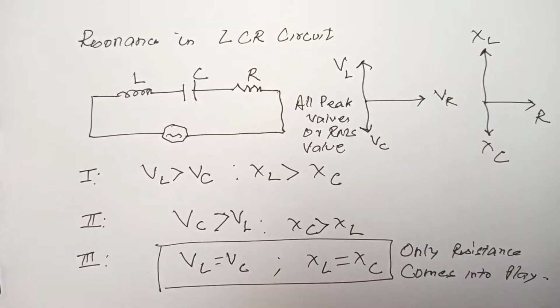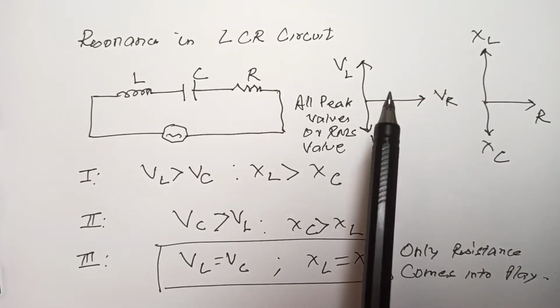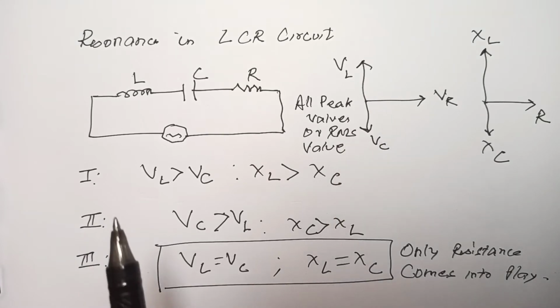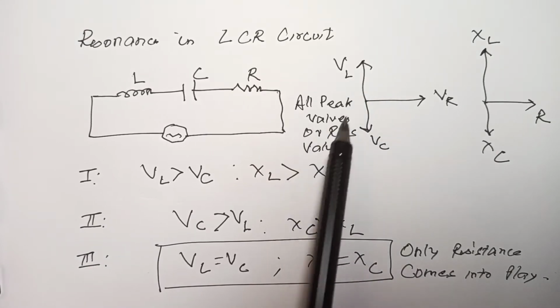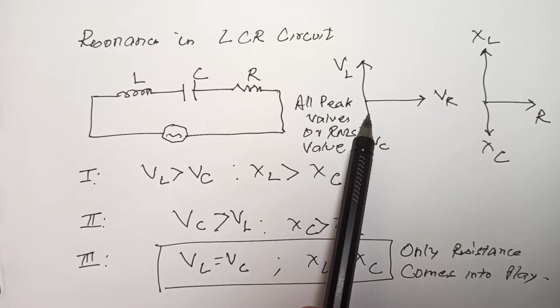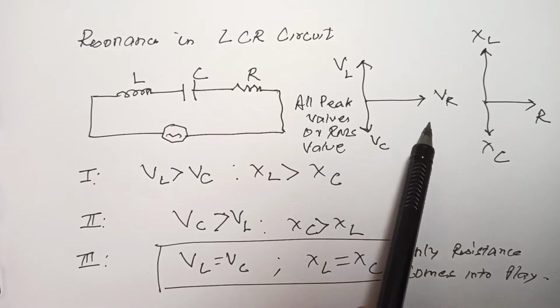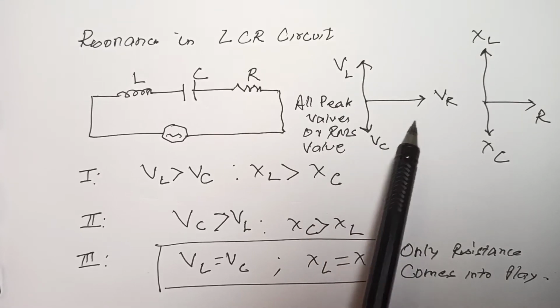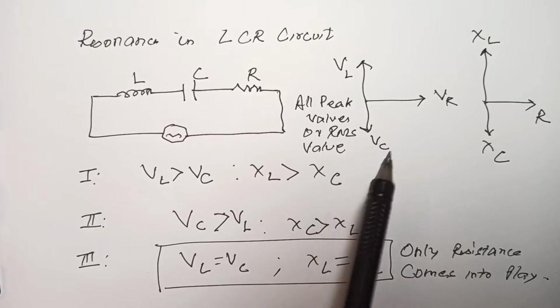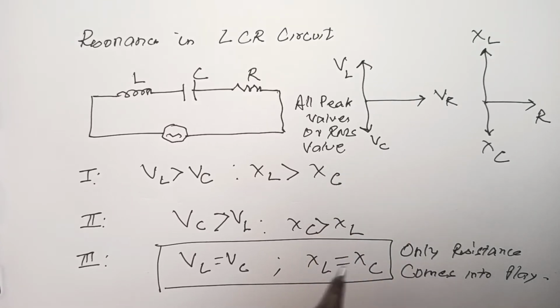Only the values remain the same, because the direction, of course, VL would be ahead of VR by 90 degrees, and VC would be lagging behind by 90 degrees. So that would remain the same, but the peak values will remain same in the case of resonance.